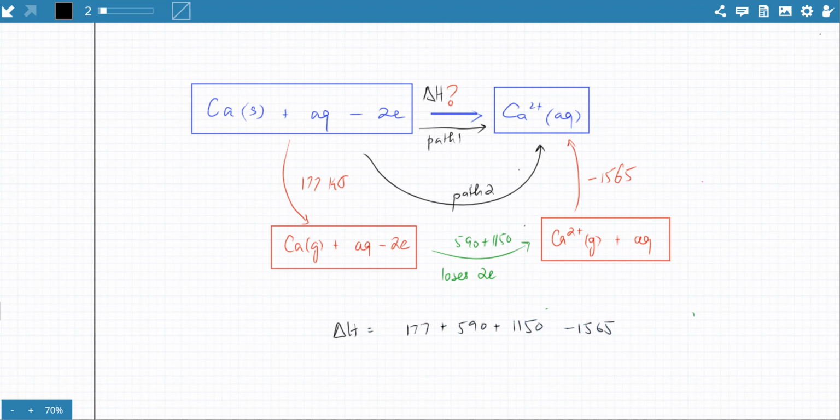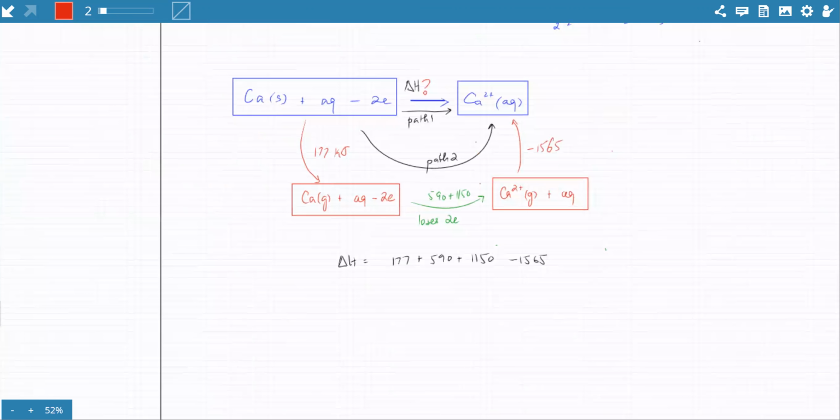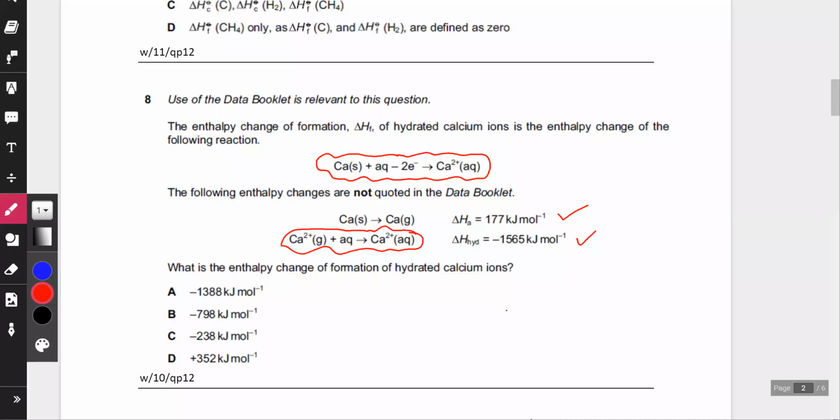Can you try and calculate this? Is it 352? Okay, so it's going to be 352, and that's the answer over here, which is 352.